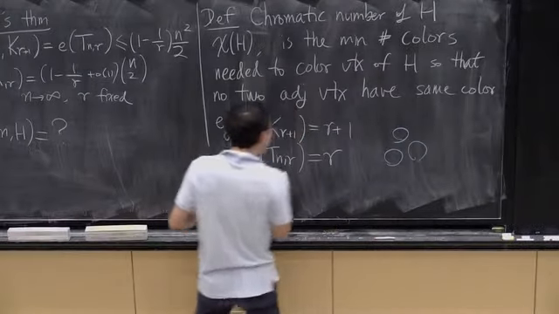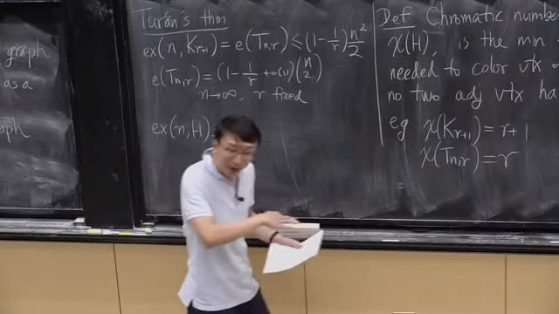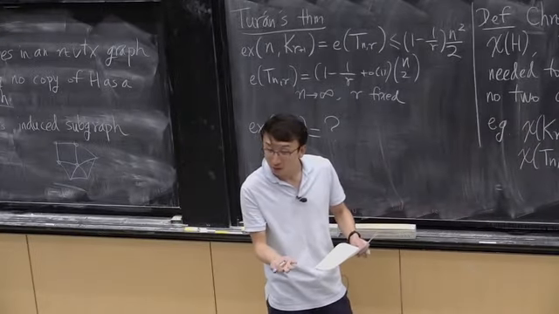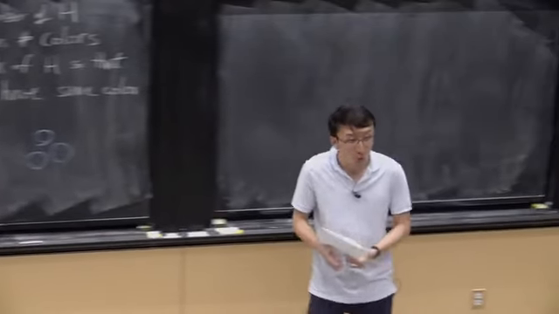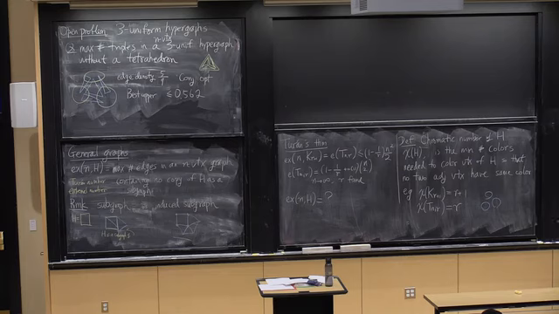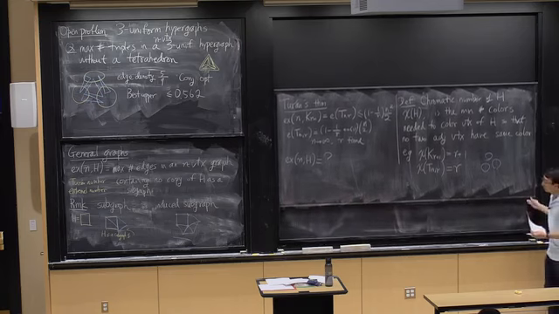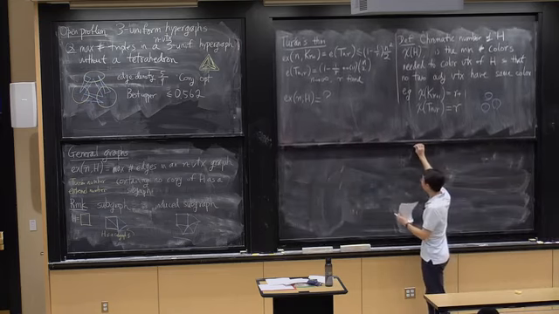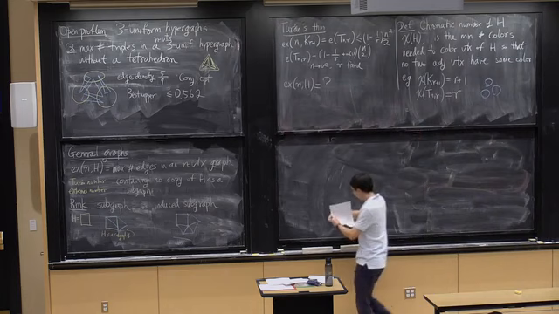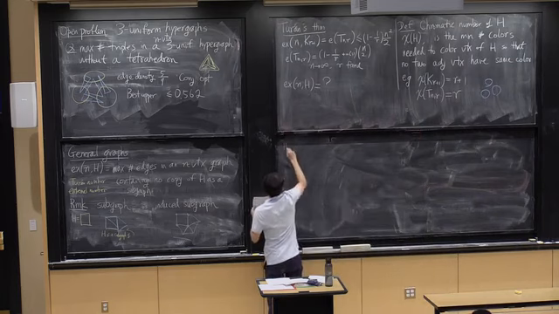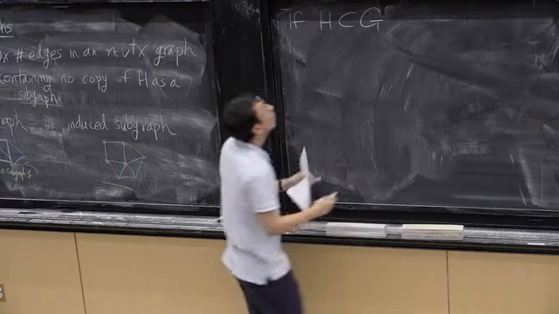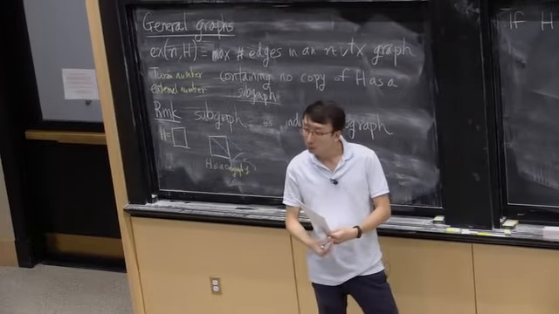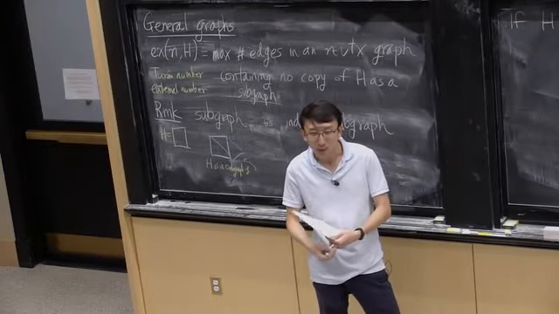Now, if I have one graph being a subgraph of another graph, what can you tell me about the relationship between their chromatic numbers? If H is a subgraph of G, what can you tell me about the relationship between their chromatic numbers?